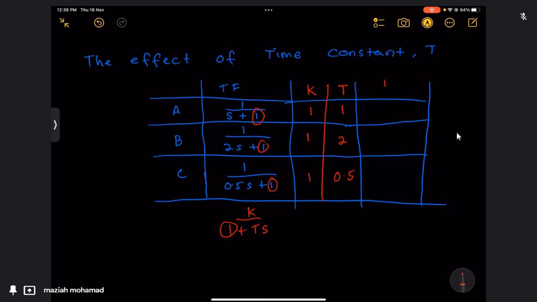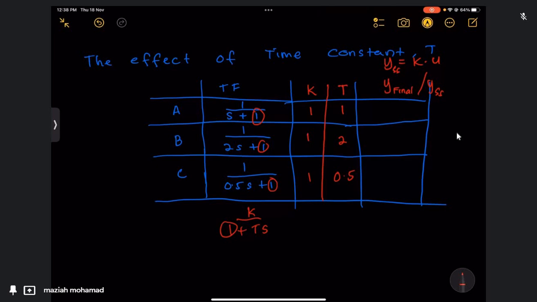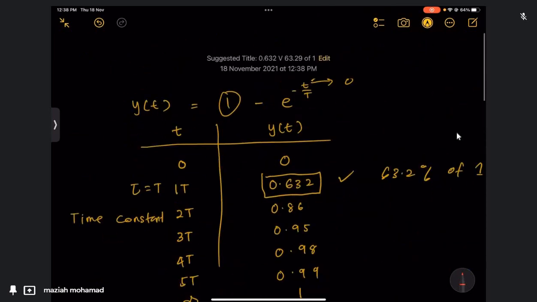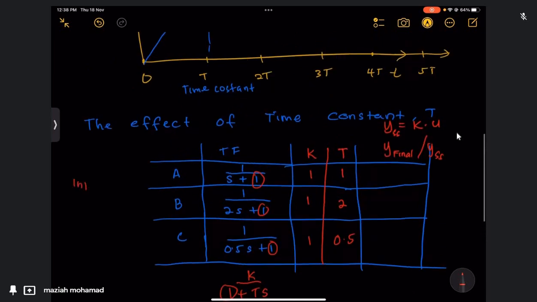Let's calculate Y final, or sometimes we call it Y steady state. I already said that Y steady state is equal to K multiplied with U, considering the steady state. The input to the system is a unit step input, as we already derived, meaning U is equal to 1.